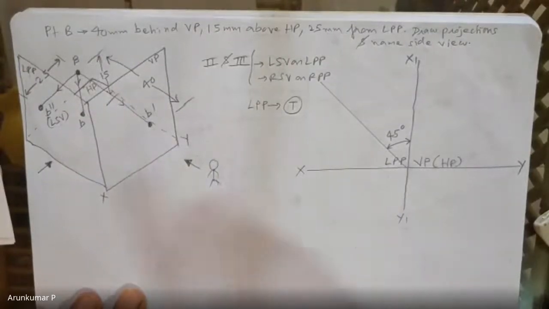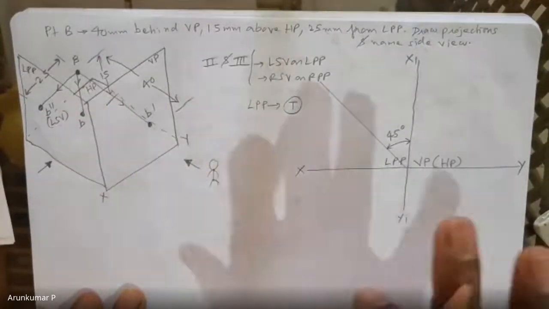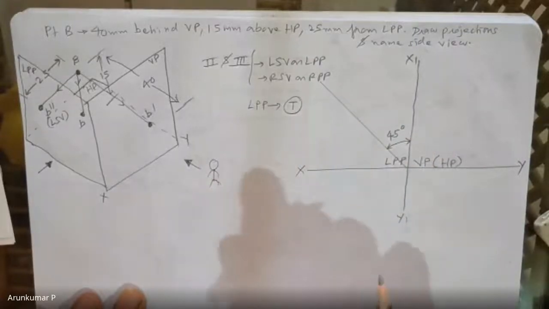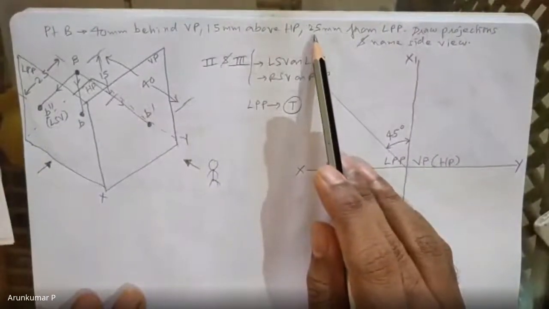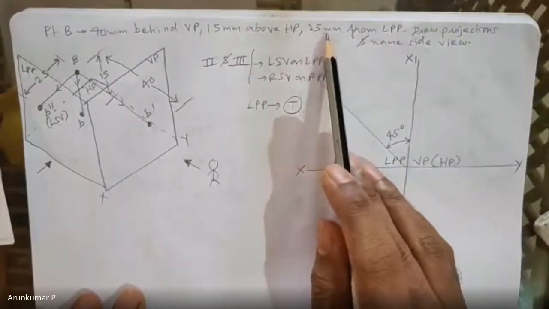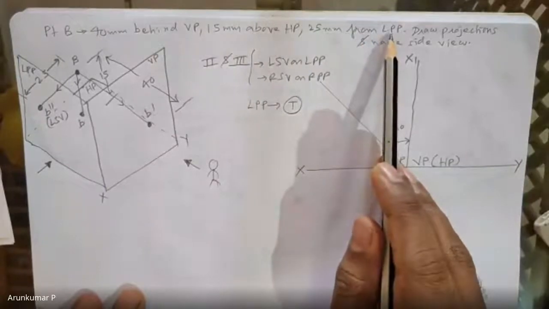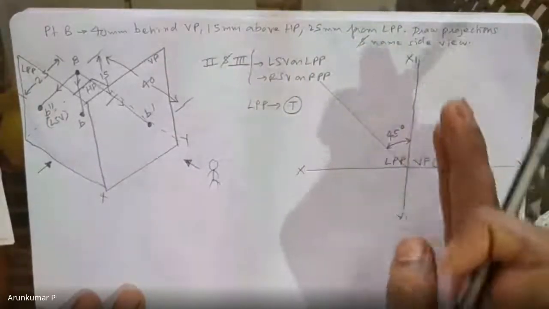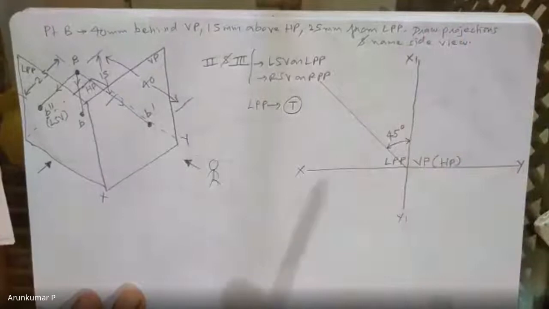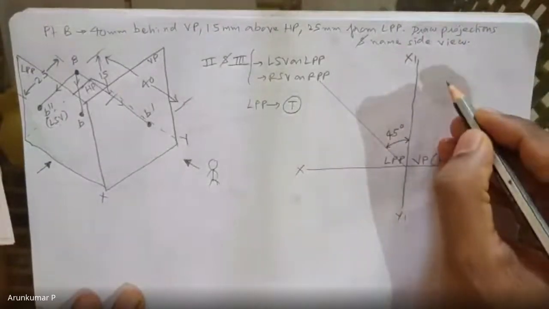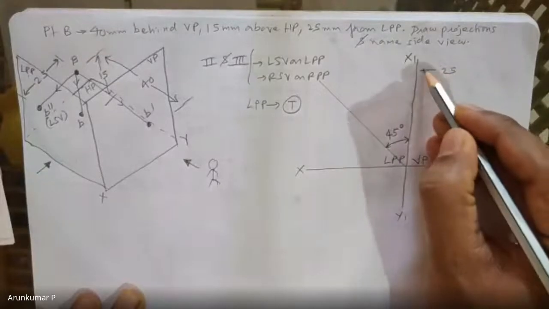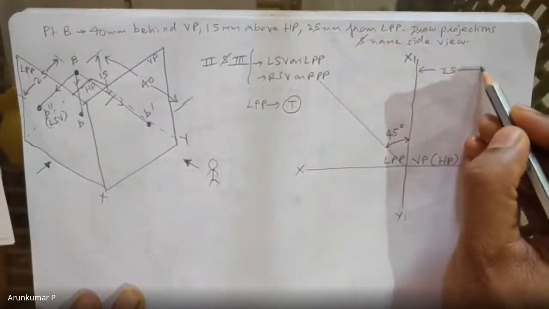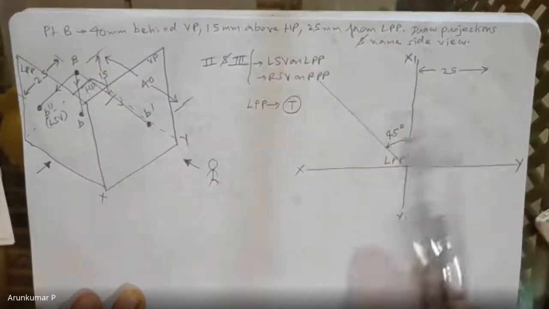Now this is all done. So we need to start with the projections. As I've told you, this is the point where you're going to start from. 25 mm from LPP.